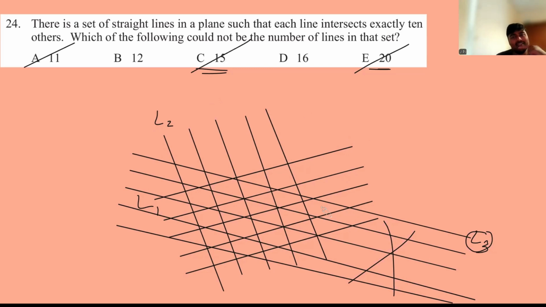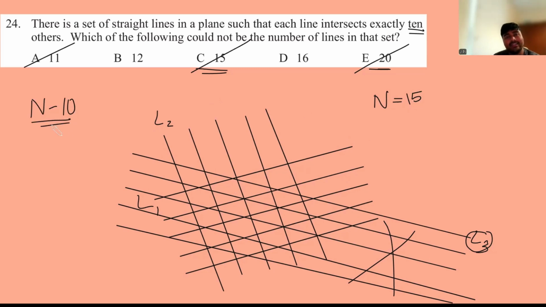What exactly have we done here, though? We've realized that since each line must intersect with 10 other lines, if there's a total of n lines, we just looked at when n is 15, we therefore need n minus 10.